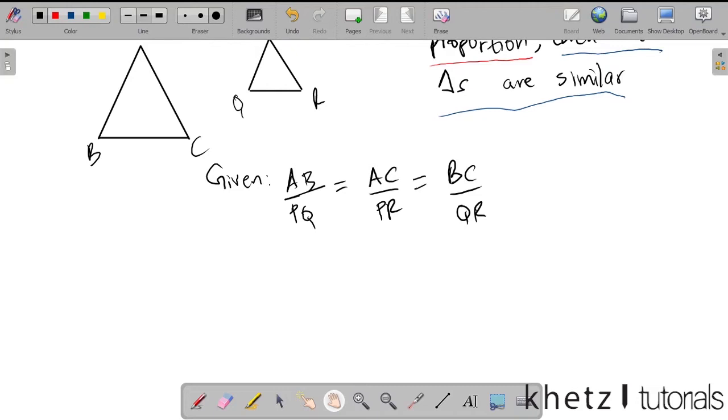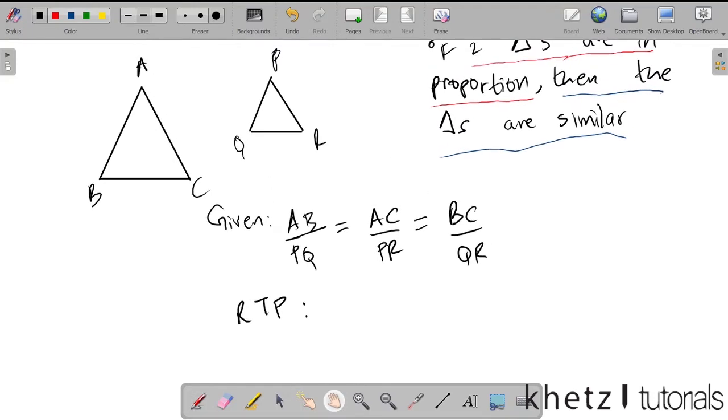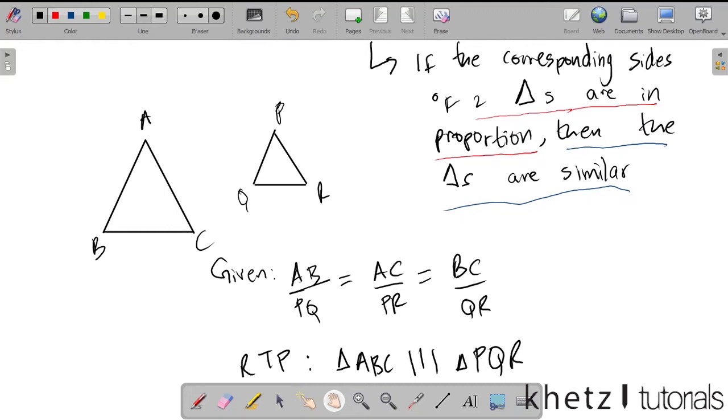So in our proof, we're required to prove that triangle ABC is similar to triangle PQR. And to effectively do that, we're going to make a construction here.